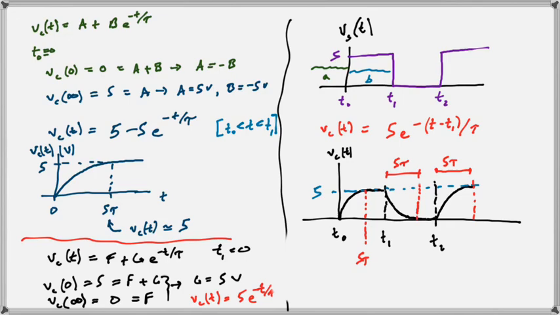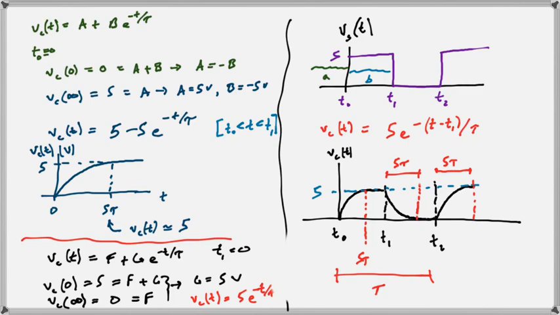And I guess what I'm trying to say here is that we start to run into trouble when 5 tau is greater than half the period, right? Because the period of the input is t2. Here's the period. And so t1 is half the period. But if t1 happens before 5 tau, then the capacitor won't fully charge, and then it starts to discharge, so the capacitor can't keep up with the input.